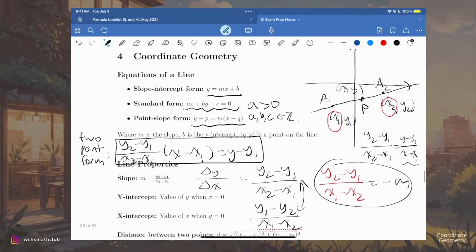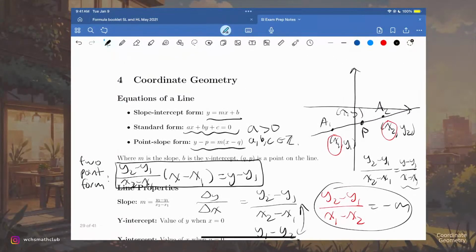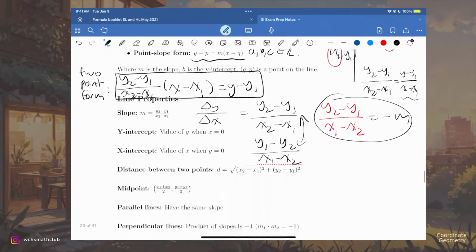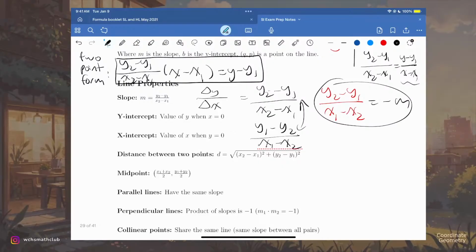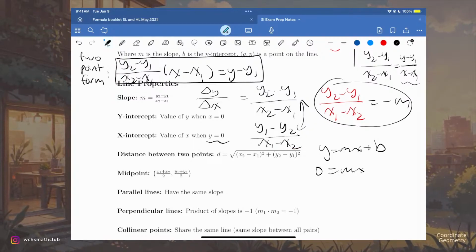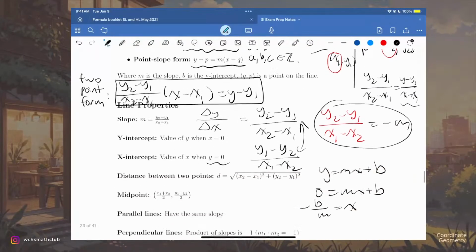Because obviously this is some fundamental things, but on any point on the x-axis here, you have y equals 0, and on any point on the y-axis here, you have x equals 0, right? So let's say we have y equals mx plus b, and we want to find the x-intercept. So we have 0 equals mx plus b, and then we get negative b over m equals x, and this over here is the x-intercept. So on this graph, it will be this point right here.